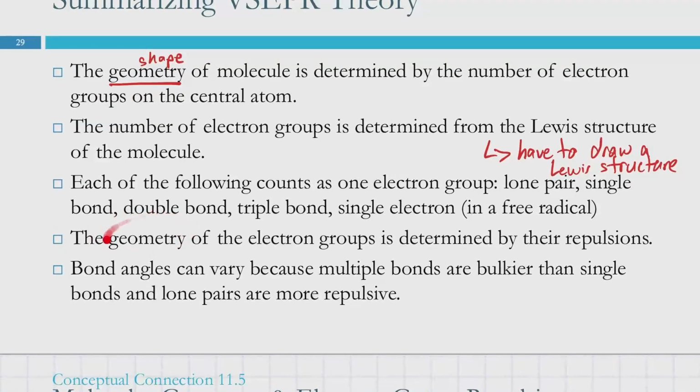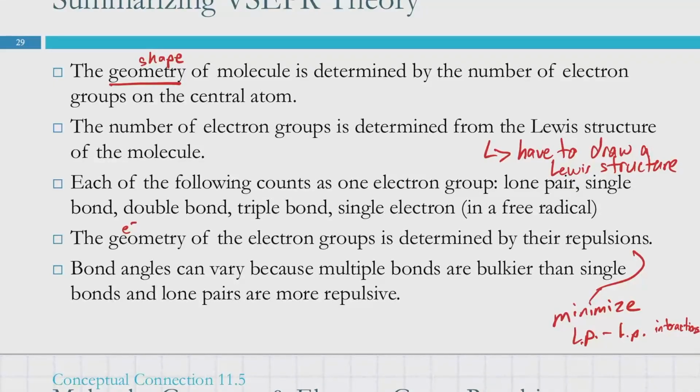The geometry, the actual shape, the molecular geometry. No, that would be the electron geometry. The electron geometry is determined by the repulsions. So the way that they repel each other, and our goal is to minimize lone pair interactions.